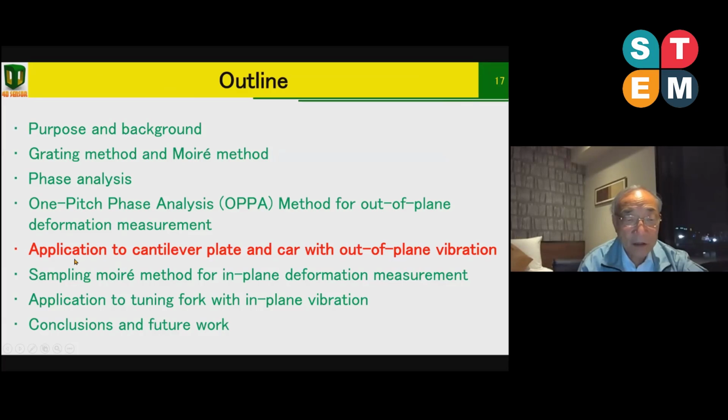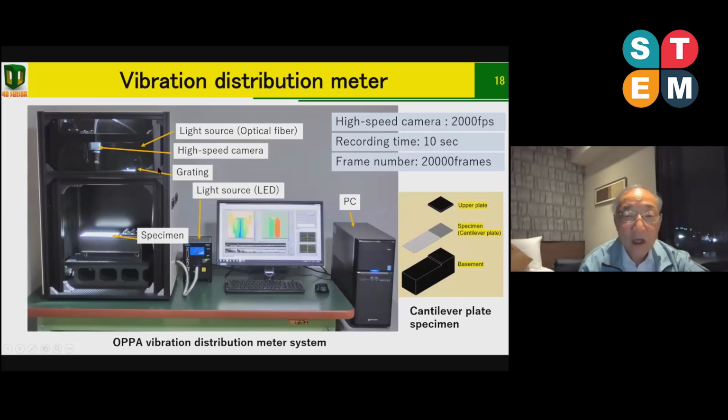Next, we apply this method to a cantilever plate and car without plane vibration. This is our first measurement system for vibration distribution data. Here is the light source. The light comes to this point through optical fiber.